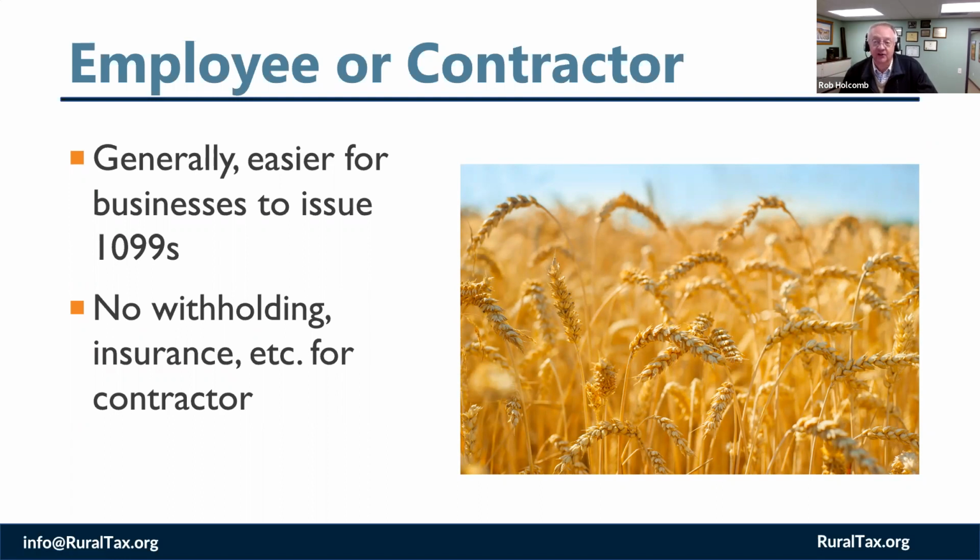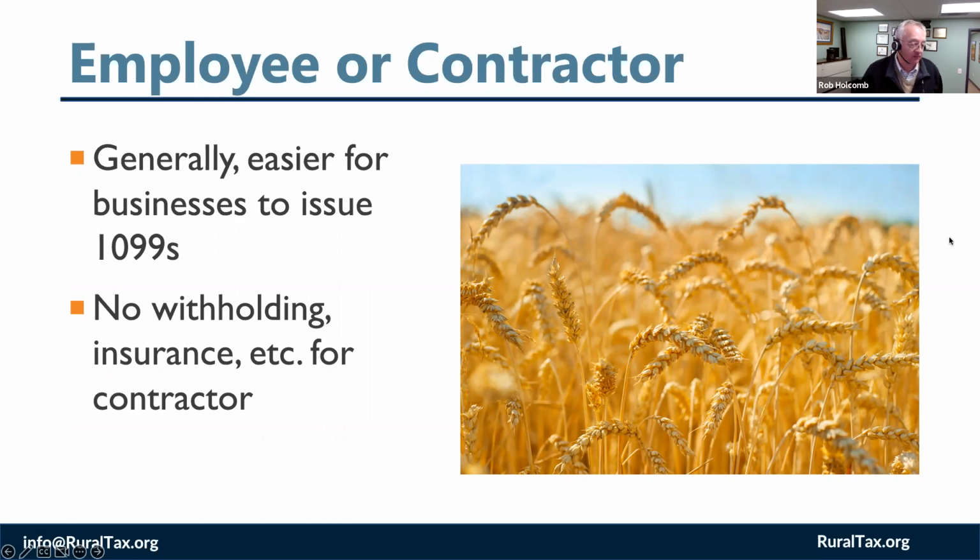So it's just a whole lot simpler to do a 1099. It's not hard to understand why folks would be motivated to say, well, gee, I'd rather just give the person a 1099 instead of horsing around with the W-2. So that's the motivation for it, but that's not what decides it.